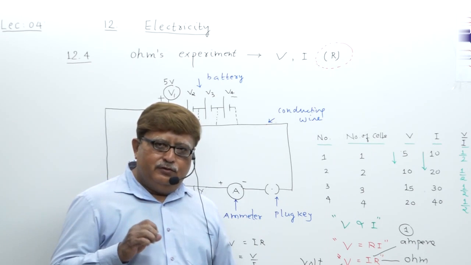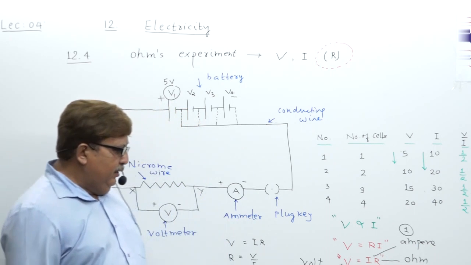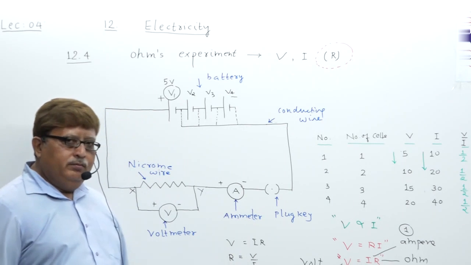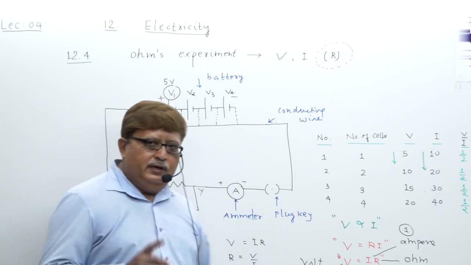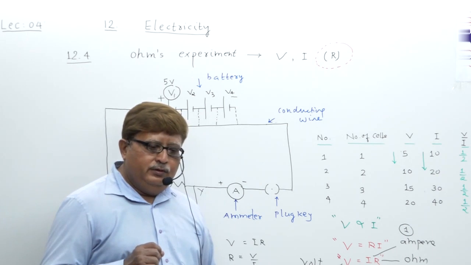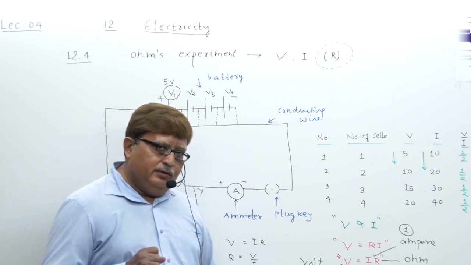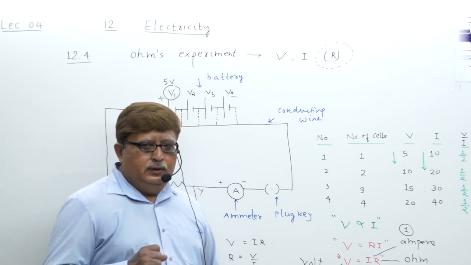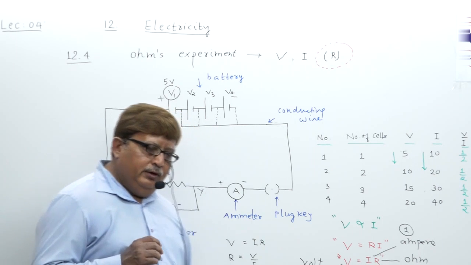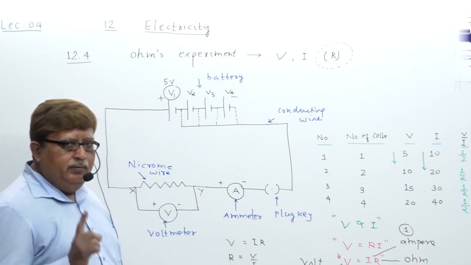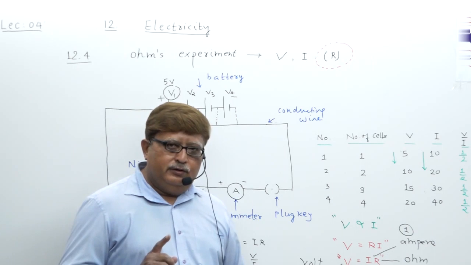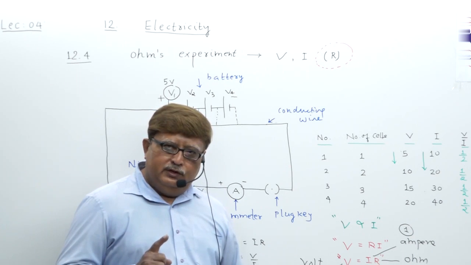And after understanding the basic concept, try to design the answer yourself also. 1 ohm: if by applying potential difference of 1 volt between two ends of the conductor, the amount of current flowing in the conductor is 1 ampere, then the resistance of the conductor is called 1 ohm resistance.